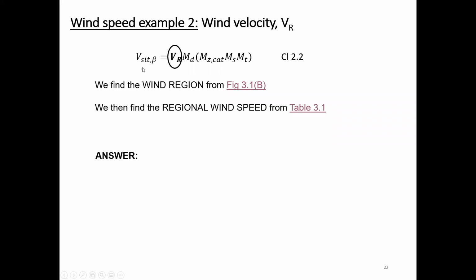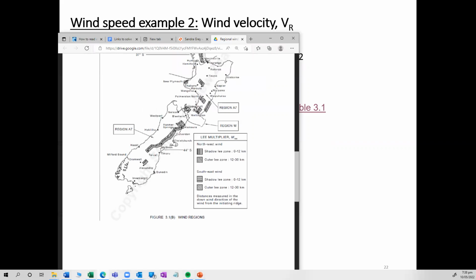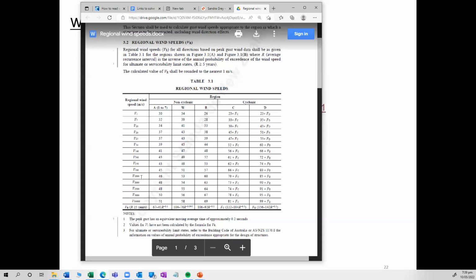Okay, let's have a look at the wind region. We're in Christchurch, so that will be wind region A7. So the wind region is A7, and let's find the regional wind speed for A7 and 1,000 years.